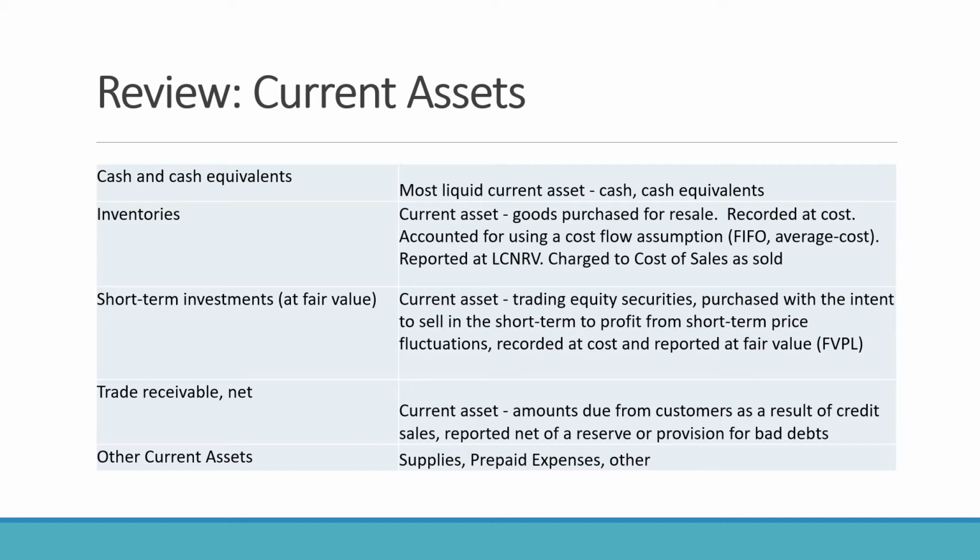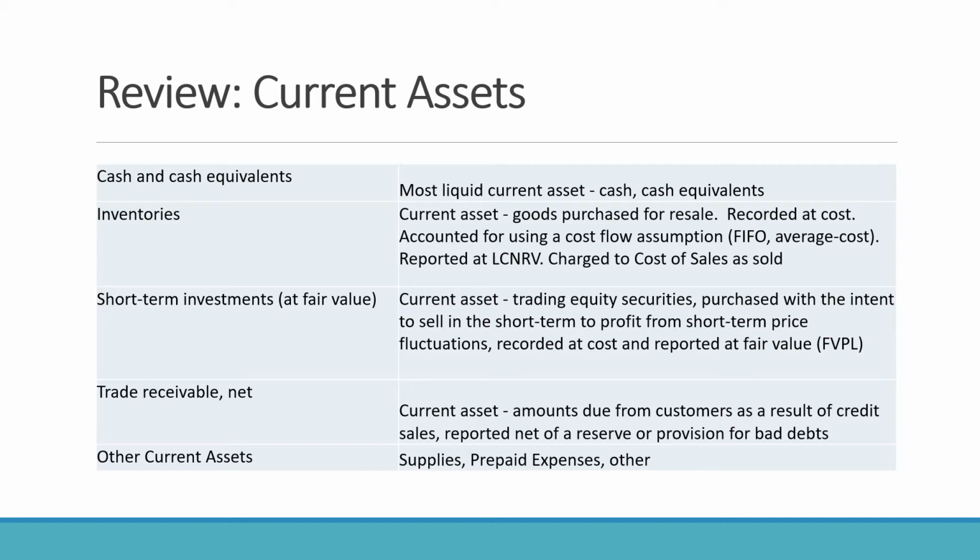So cash and cash equivalents refer to essentially the cash in your checking account. A cash equivalent is where you have taken your cash and invested it for a short period of time in some kind of highly marketable security. So it is so near to cash that we classify it as cash.